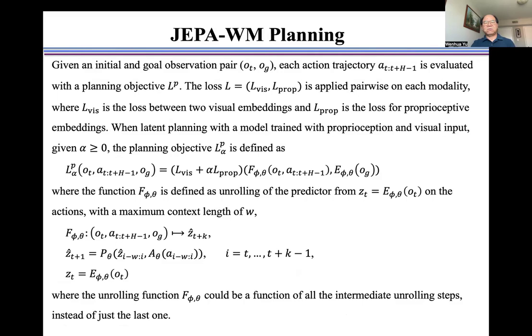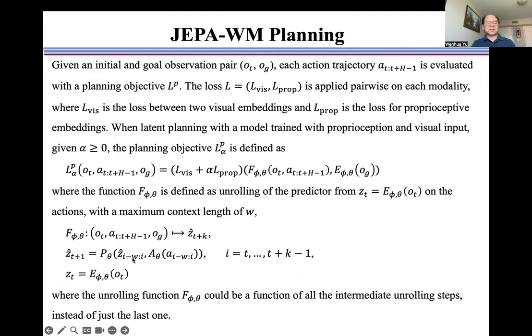When latent planning with a model trained with proprioception and visual input, given alpha larger than 0, the planning objective L alpha P is defined as here, where the function f is defined as unrolling of the predictor from Z T on the action, with the maximum context length of W.